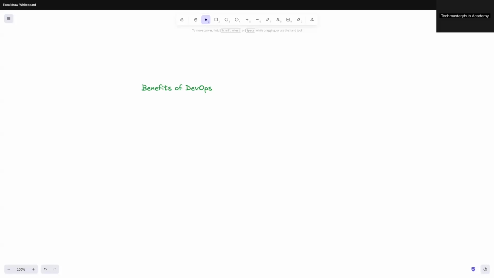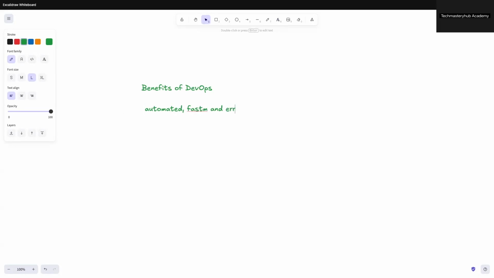Now imagine that entire lifecycle being automated, fast, error-free. That's where the real benefits come in.